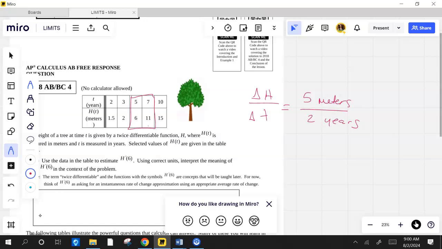What is the estimate for the rate of change that the tree is growing at 6 years? Which is 2.5 meters per year. I'm using these 2 points to estimate 6.